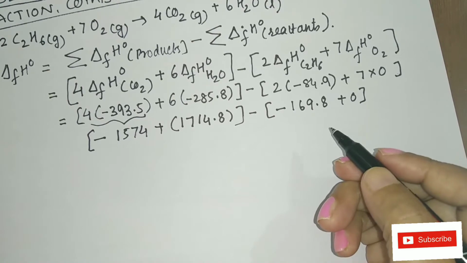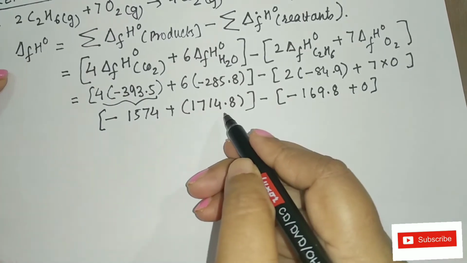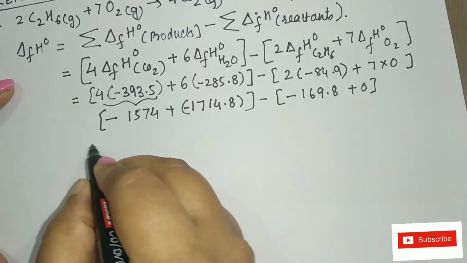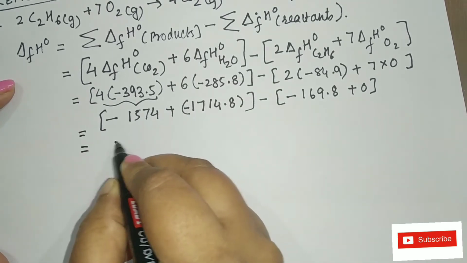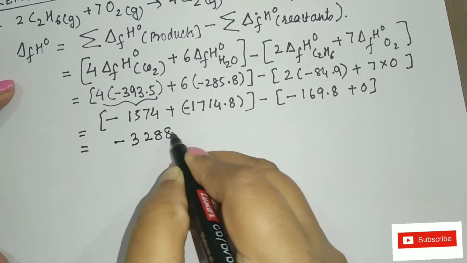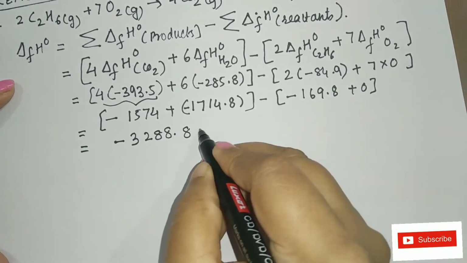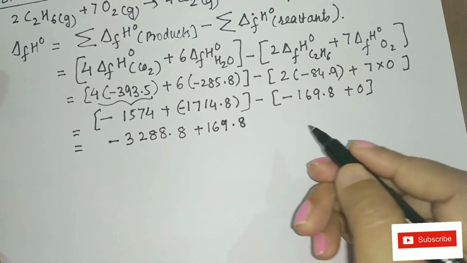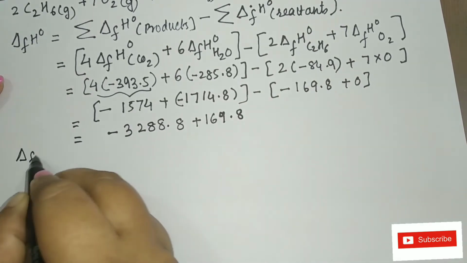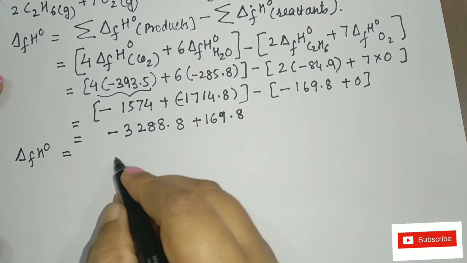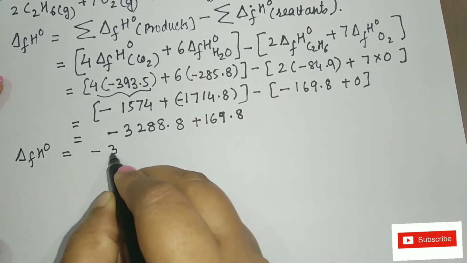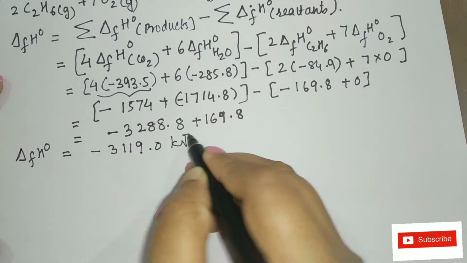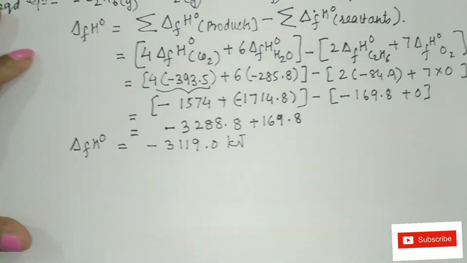Let us add these, with the minus sign. This will give me minus 3288.8. I will open this bracket, it will be plus 169.8. So the standard enthalpy for this reaction, the answer here, is minus 3119.0 kJ per mole. So this is how you do the calculation.